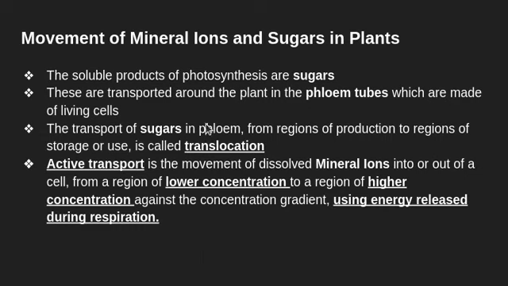Then we also have translocation, which is the movement of sugars throughout the plant, right? Then we also have active transport, which is the movement of mineral ions from lower to higher concentration. Those are the points that we are supposed to be noting here. And again, we can never forget about the phloem and the xylem, which are our vascular tissues. The xylem is responsible for water transportation, and the phloem is responsible for food transportation.